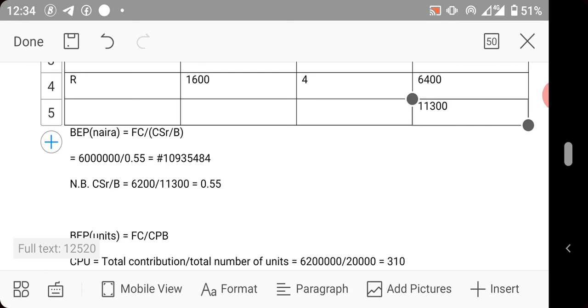Now we need to determine our contribution sales ratio per batch, and the formula is easy to get. It is contribution per batch divided by sales price per batch.